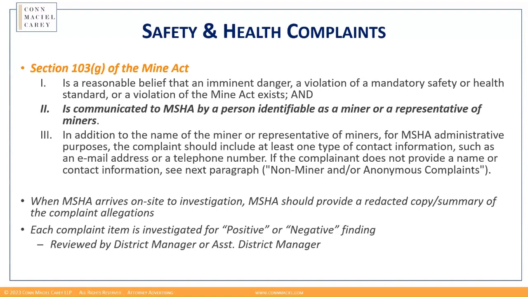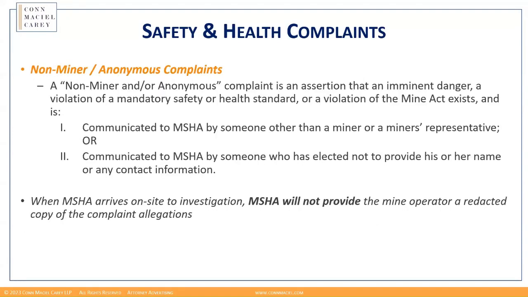If they are refusing to provide a name, or if they are a non-miner person who's calling MSHA, you're not going to get that same printout of what was complained about. You're not going to get a list of the allegations, and that's frustrating, but it is written out here that they're not going to provide that information if the person withholds their name or if they are not a miner.